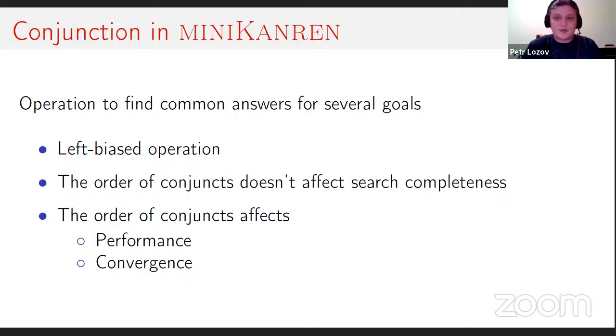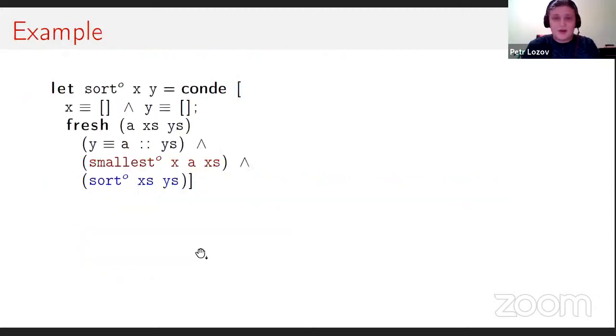Thus, the order of conjuncts is critically important due to this asymmetric nature of the conjunction evaluation. The search for answers in miniKanren is complete, and the order of conjuncts doesn't affect search completeness. However, the order of conjuncts often affects both performance and convergence. Let's consider an example. This is the list sorting relation sorter.